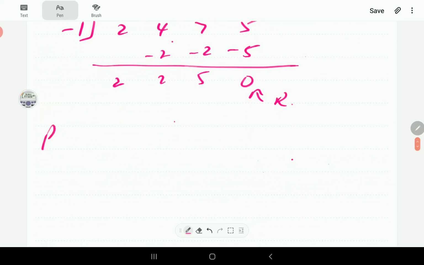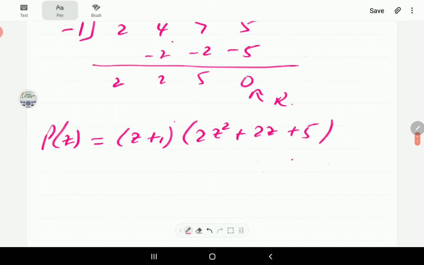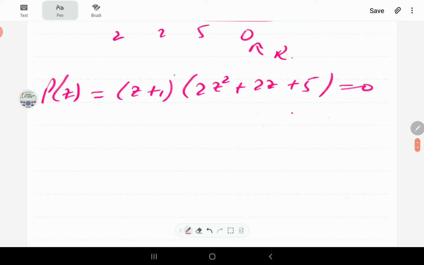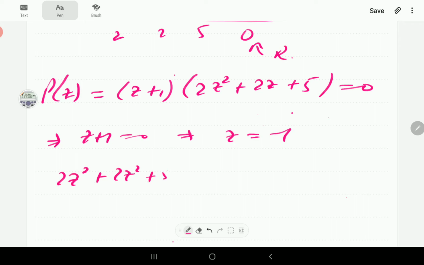So what this is saying is that the polynomial we can write as z plus 1 times 2z squared plus 2z plus 5. Since this is equal to 0, either z plus 1 is 0, from which we already know z is negative 1, or 2z squared plus 2z plus 5 equals 0.